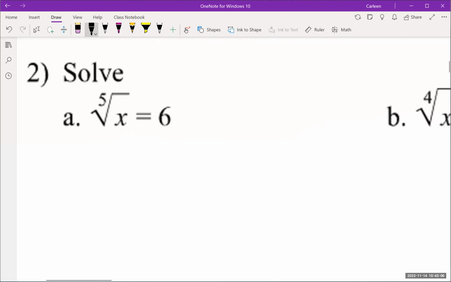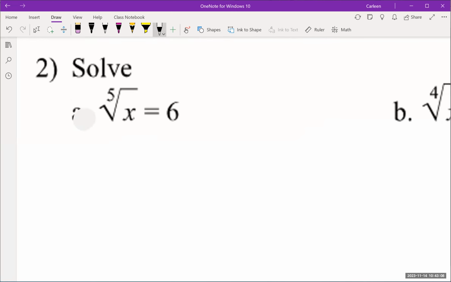Okay. Number 2. Now, the 5th root. 2 ways to look at this. I can look at it as 5th root or 1/5 power. So 5th root is the same as the 1/5 power. So how do I solve for X? What is the opposite of either 5th root or 1/5 power?